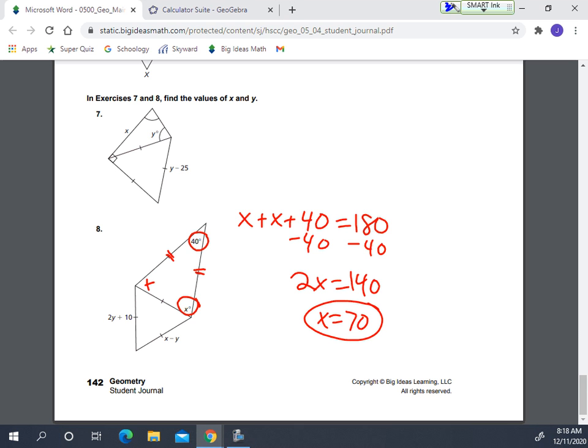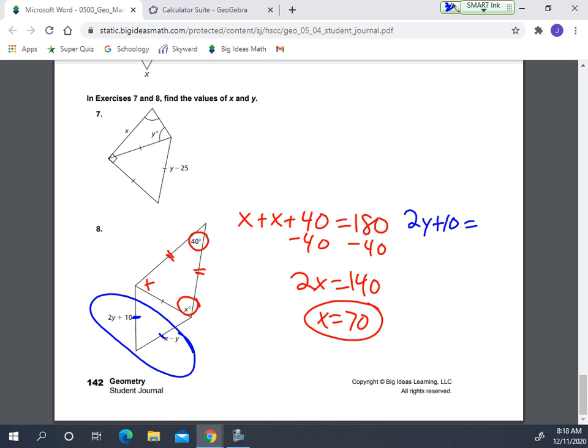Down here, what do I know about these two sides? We know that they're congruent, right? They have these little tick marks here. That means they're congruent. So we can set those equal to each other. We know that 2y plus 10 is equal to x minus y.